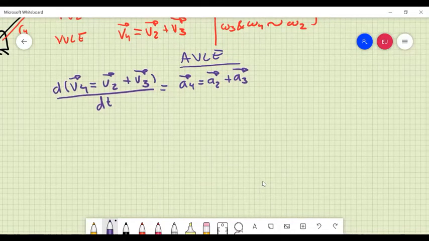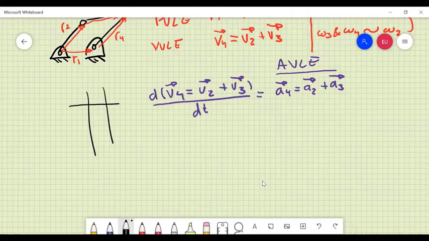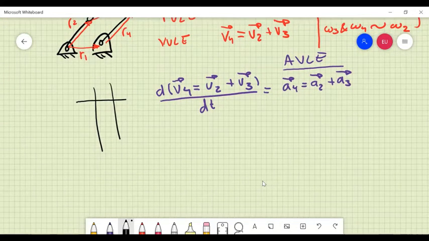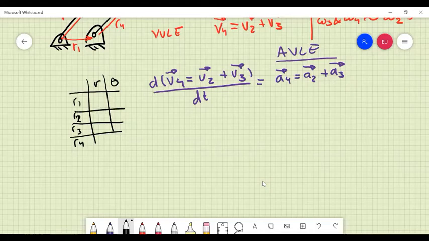Now, in case you don't remember or you tend to get confused, always do the table. Check which type of vectors we are looking at, identifying which nature we have for the magnitude and the orientation. For example, for vector R1, what happens with the magnitude and the orientation?